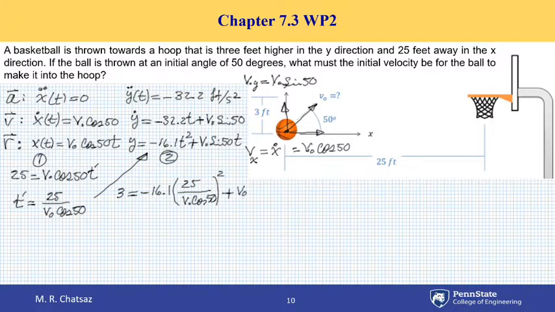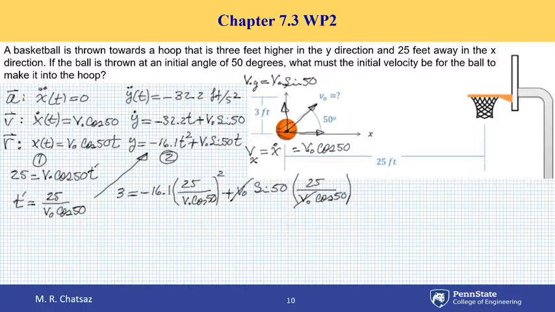plus v naught sine of 50 times t prime, which turns out to be, as I solved it from equation 1, 25 over v naught cosine of 50. So this equation that I just wrote has now one unknown, v naught. If I simplify it, v naught cancels out from the second term, and then I should do a little bit of algebraic manipulation.